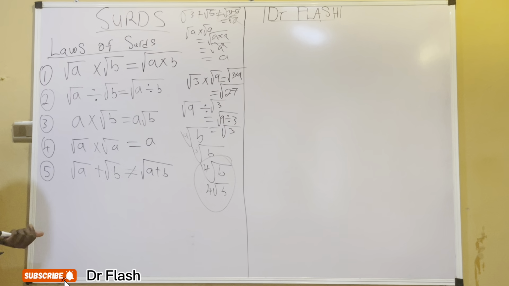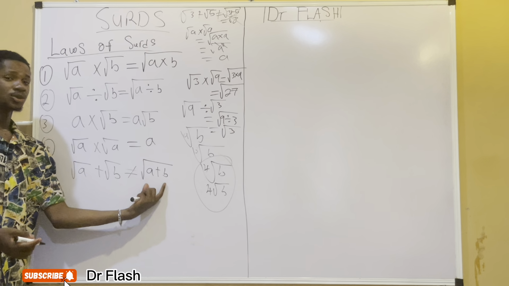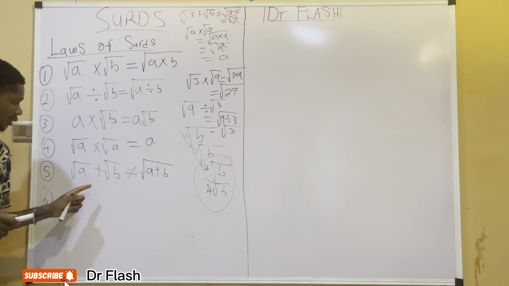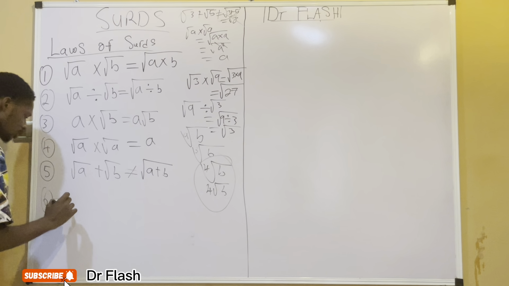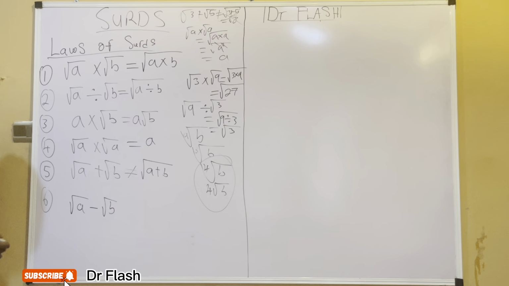You can confirm by using a calculator. Pick any number, solve for this directly, and then solve for this directly. You get totally different answers. Okay, now let's talk about law 6. For law 6, I'm going to replace this one with a negative sign. So I'm going to have the square root of a minus the square root of b. What is this then going to give us?